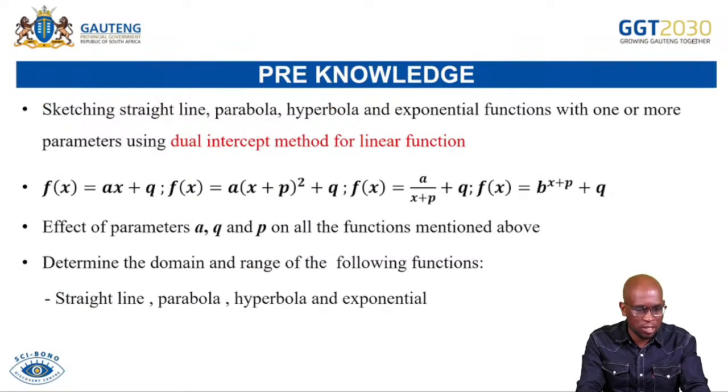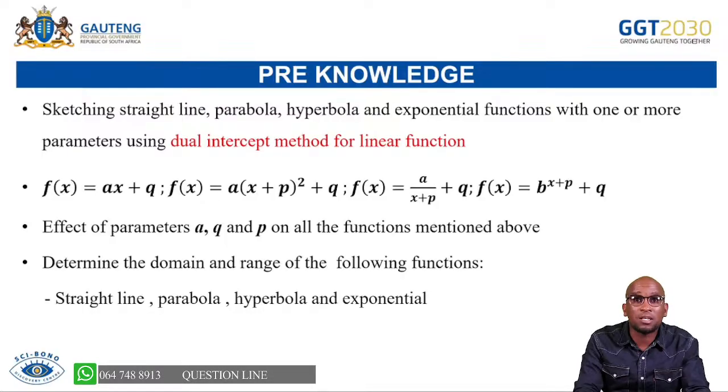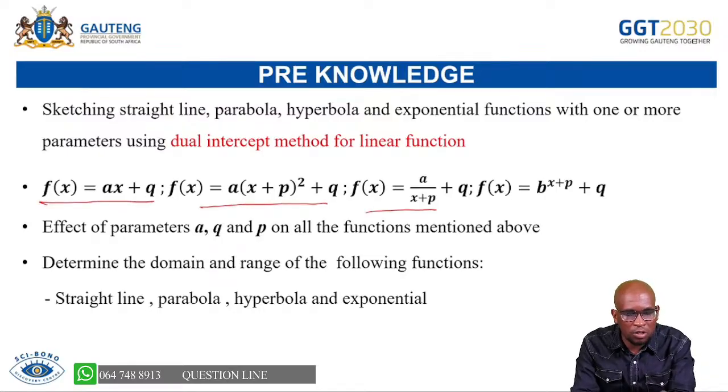Right, pre-knowledge that you need. Sketching, as I indicated when I started the lesson: you need to know how to sketch a straight line, a parabola, a hyperbola, and an exponential function with one or more parameters using the dual intercept method. The functions that you should know are of this particular form.